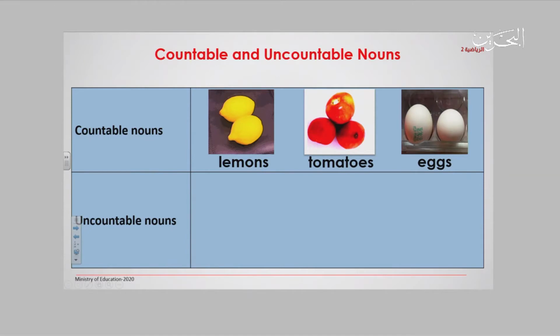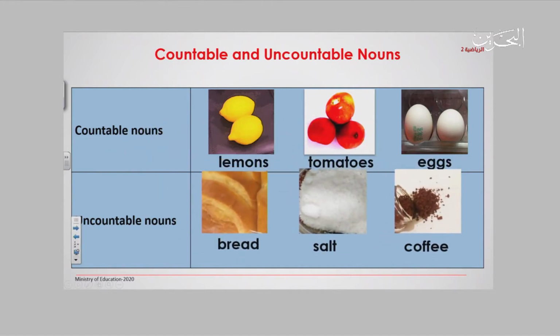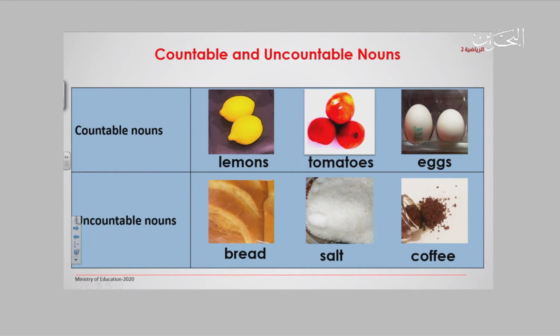As you notice, these are the nouns we can count. For example, I have 2 lemons or 3 lemons or more. Also tomatoes and eggs. Let's go to the second group. Uncountable nouns: bread, salt, coffee. We cannot count these nouns.